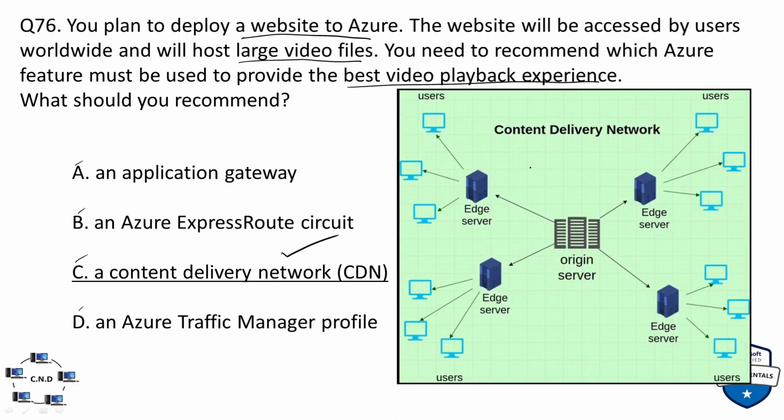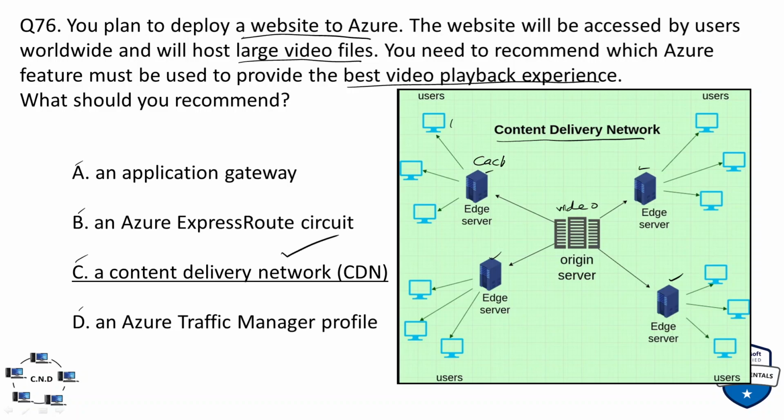So what is a content delivery network? This diagram basically depicts a content delivery network. Let's suppose this is the origin server, and our video file is stored here. These nodes are part of the content delivery network. When, let's suppose, user one accesses this video file, its copy is cached here.